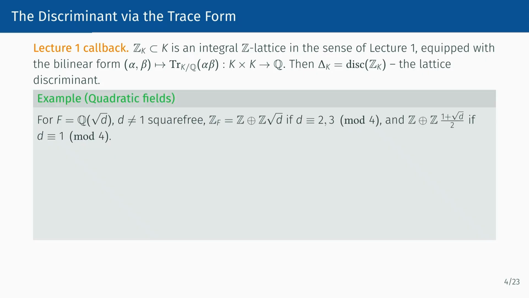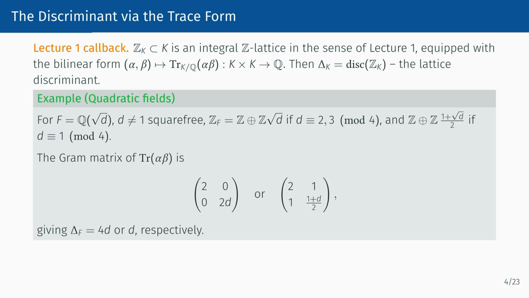Maybe a quick example. If you take the quadratic field Q(√d), where d is square free, then there are famously two cases of what the ring of integers is. When d is 1 mod 4, say 5, then (1+√d)/2 is integral. It's not too difficult to see. And if not, then you're just left with 1 and √d spanning your lattice.